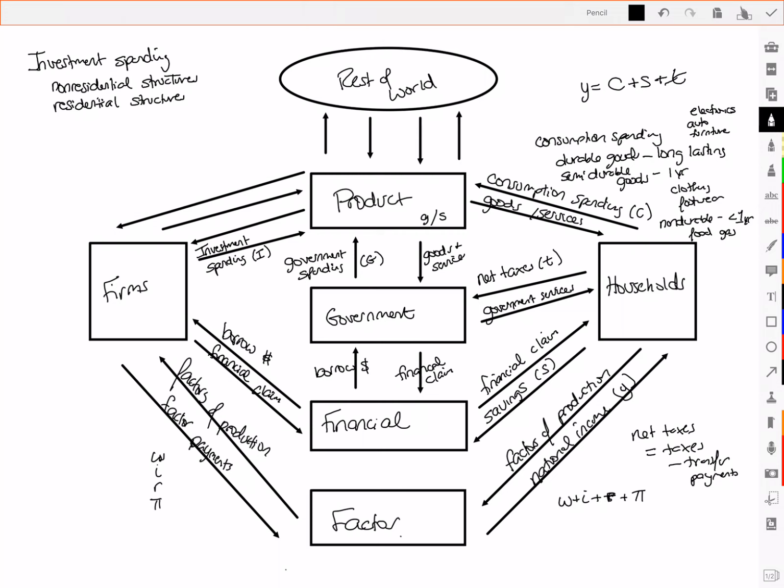So residential structures, new houses, are part of investment spending. When businesses buy inventory, it's part of investment spending. And if they buy capital goods, so machines, tools, that's all included in investment spending.